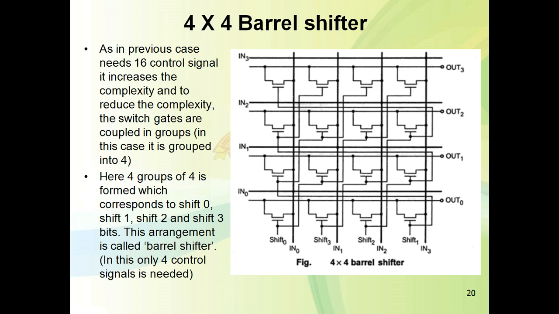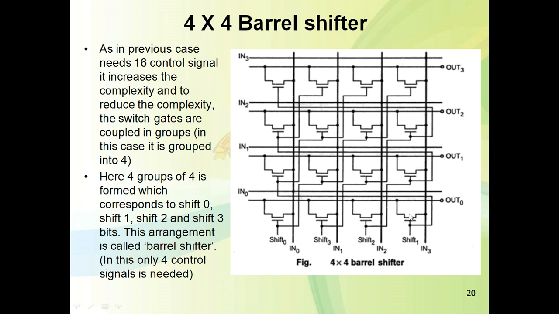Now if you want a right shift, this is for shift 0, meaning this switch, this switch. See here, shift 0 is this, then this, and then this. So 4 transistors will be on for shift 0.